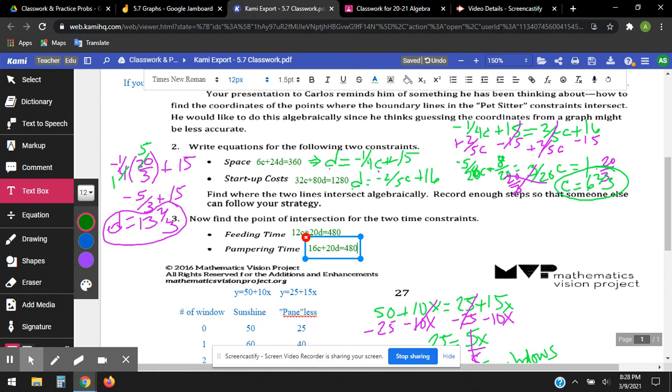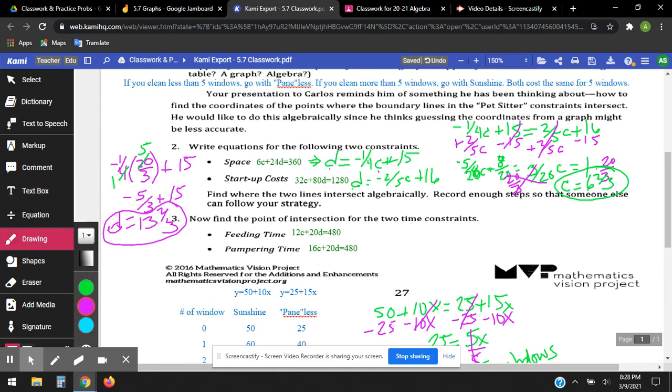The good news here is I can make these equal to each other because they both equal 480. So 12C plus 20D equals 16C plus 20D.